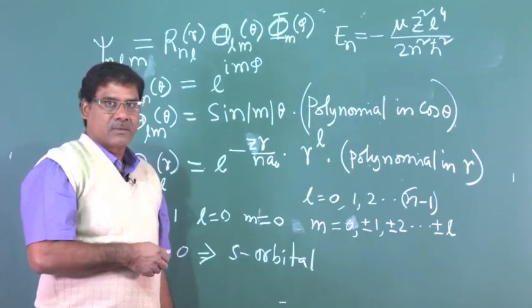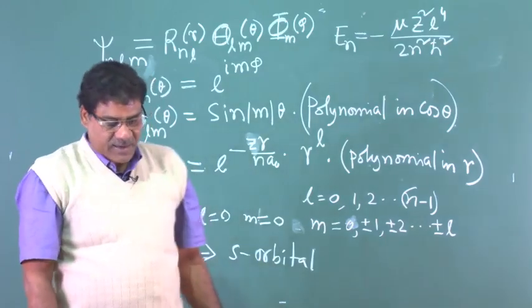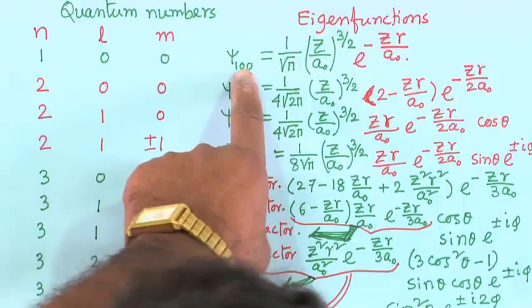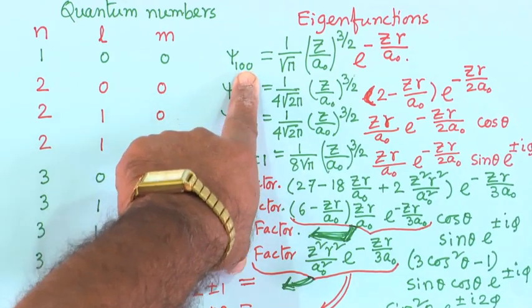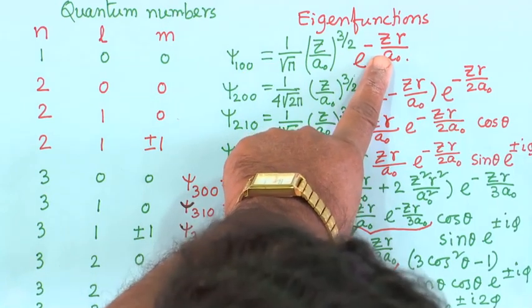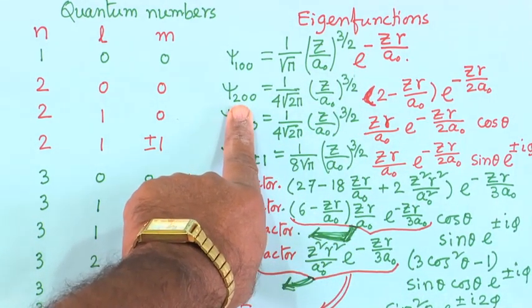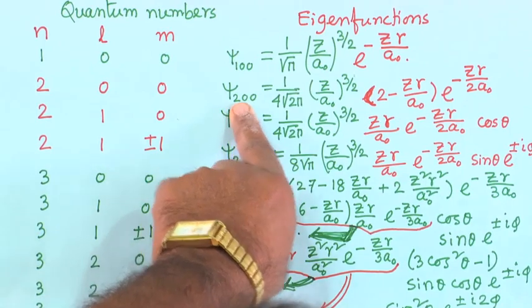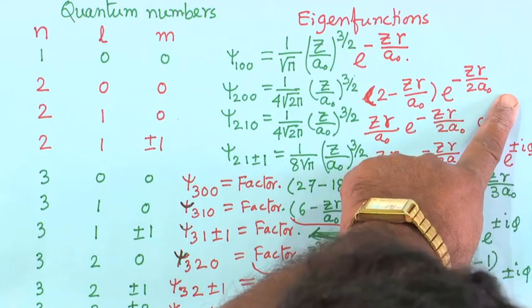In case of the S orbital, it is independent of theta and phi, it only depends on r. And here also you can see it is independent of theta and phi.